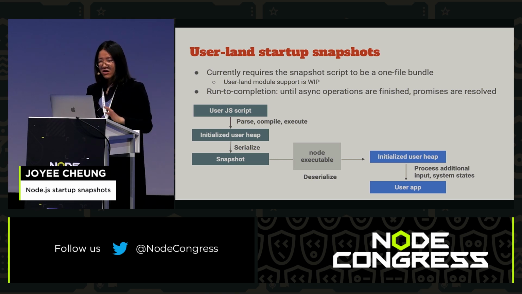After all the asynchronous operations are finished, for example, all the promises are resolved, Node can take a snapshot of the heap and write it either into one binary along with the node executable itself or as a separate blob on disk. And when starting up again, Node can just get the pre-built snapshot and deserialize a user heap from it to skip the setups.